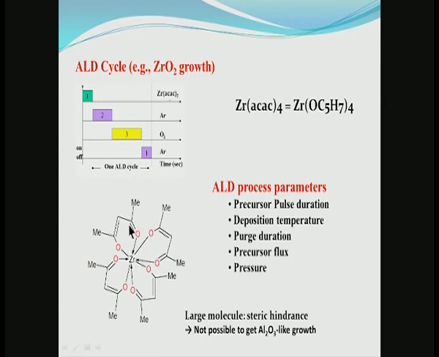What you have here is a large molecule. The central part represents the precursor to ZrO2, which is what is desired, but there are many methyl groups that surround the central part of the molecule, and these have to be removed. But when this molecule adsorbs on the surface, these methyl groups which have to be removed cover a lot of area.